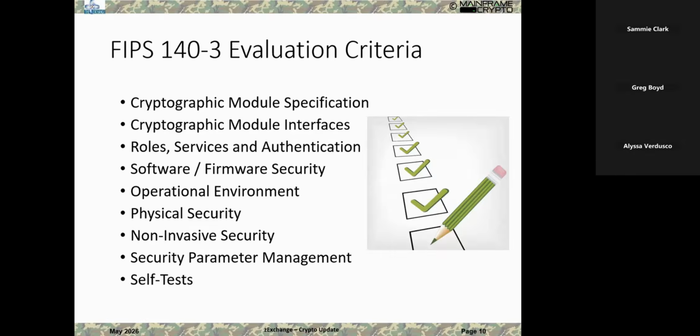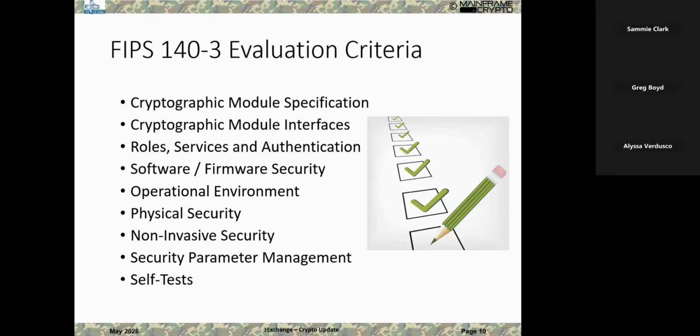What has changed is some of the requirements of what physical security means, or what roles and services and authentication mean, etc. So in terms of physical security, the hardware crypto modules need to be packaged, as we'll see on the next slide, with either tamper evident capabilities or tamper responding capabilities. The physical package needs to provide that.